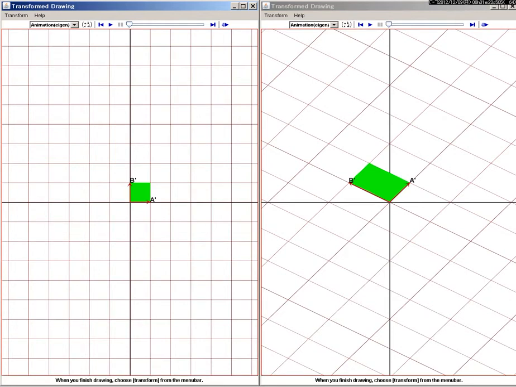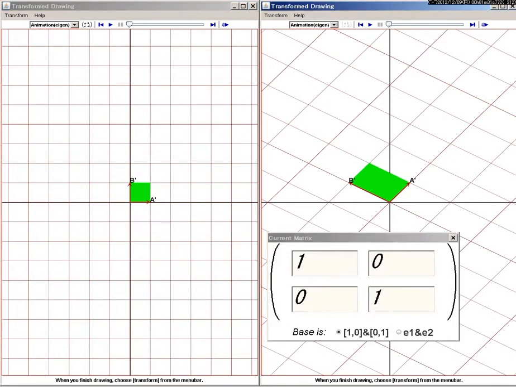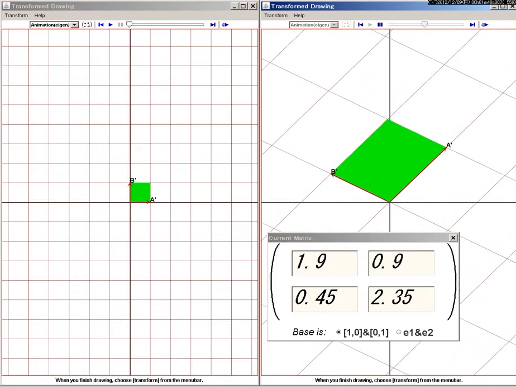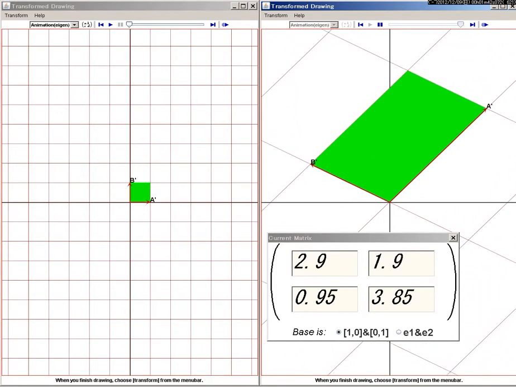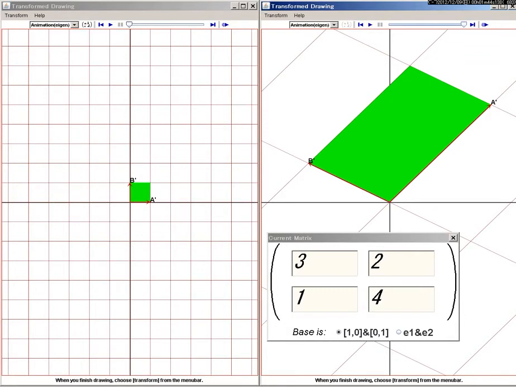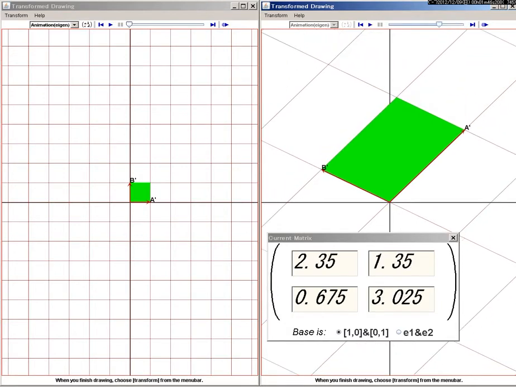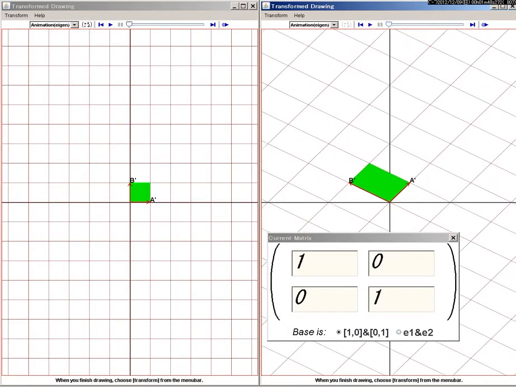And you can see this similarity even better by checking these current matrices. But if you use the base (1,0) and (0,1), the similarity is not clear. You have to use E1 and E2 as a base.